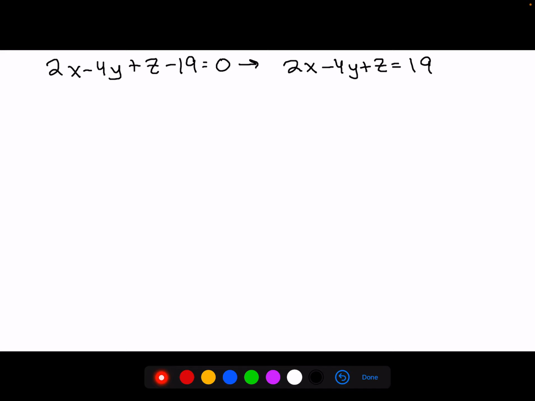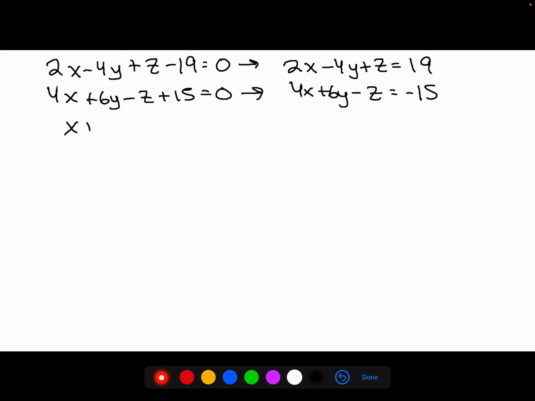It might help to rewrite to make sure you get the signs right. 4x plus 6y minus z plus 15 equals 0, so let's rewrite that as 4x plus 6y minus z equals negative 15. x plus y plus 2z minus 11 equals 0, so x plus y plus 2z equals 11. Pausing here to double check I copied everything correctly. It's so easy to miscopy a sign.